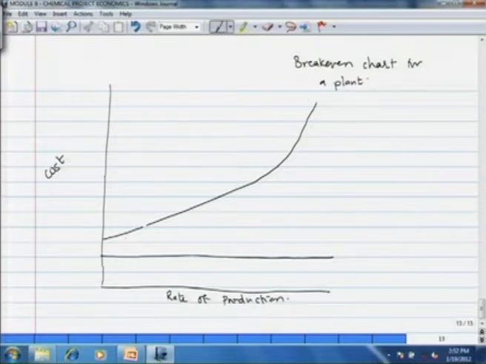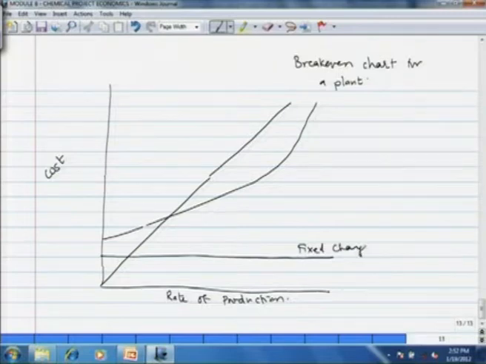The total production cost may go up exponentially after a certain time. And then there is the total income. So let us number the lines: the horizontal line is the fixed charges, the curved line is the total production cost, and the inclined straight line is the revenue or total income, the total income of the company after all products are sold.